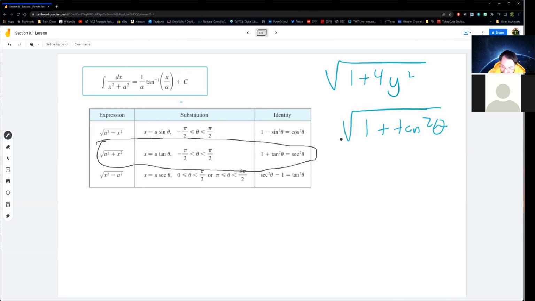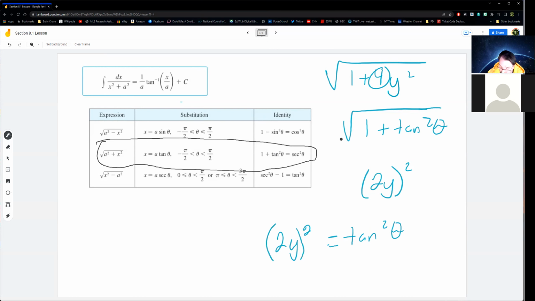So the question is what do I need to make y to make that happen? Well, I need to get rid of the 4. So right now, this part right here is 2y squared. So tangent squared theta has to be equal to 2y squared, right? Correct.